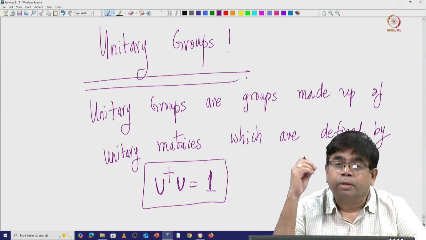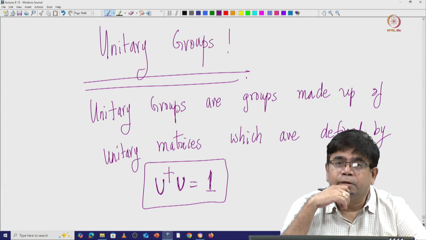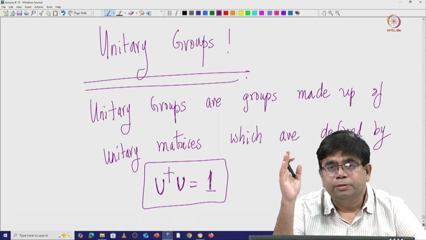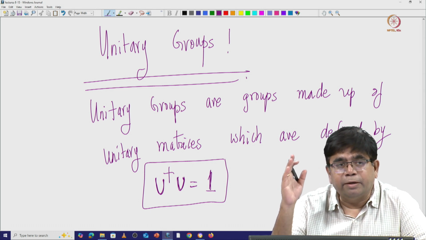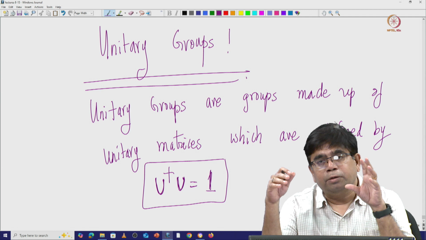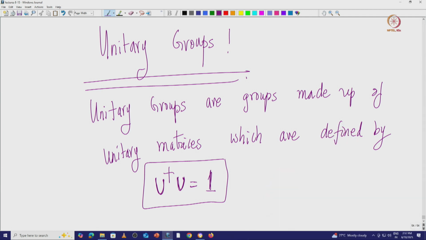Now in the case of orthogonal groups, our vectors are essentially real vectors. So our vector spaces are real vectors x, y, z, and so on. And the rotation group is a group of transformations acting on the real vector space essentially.